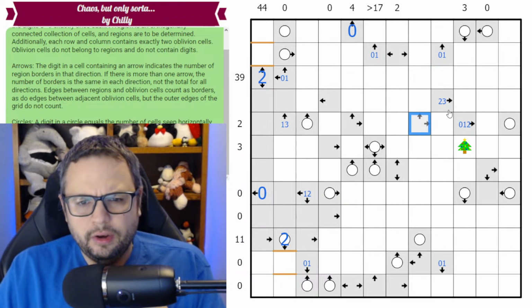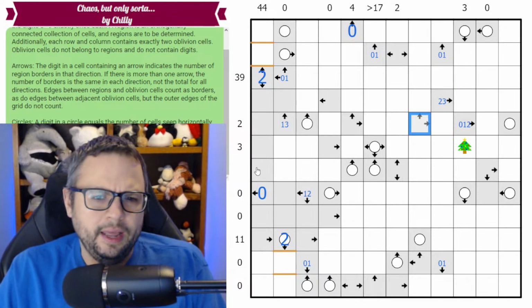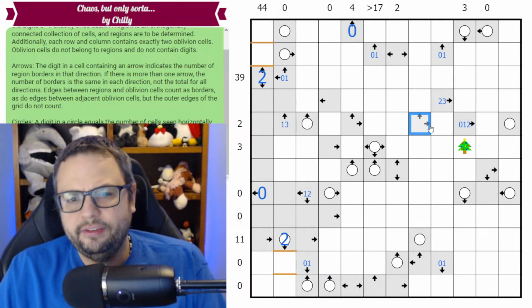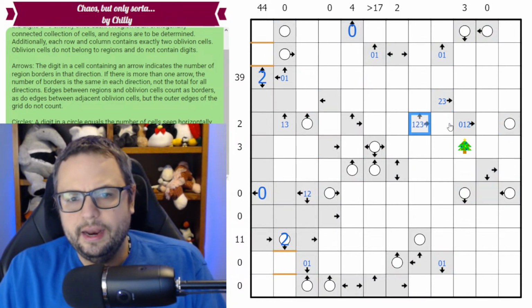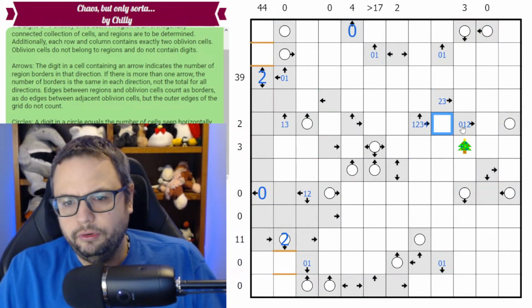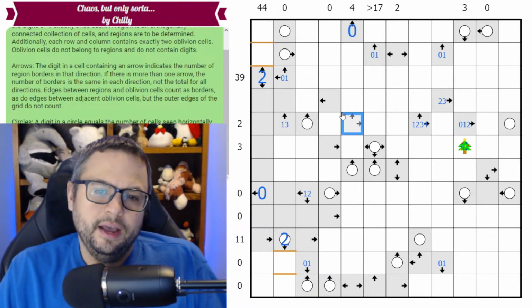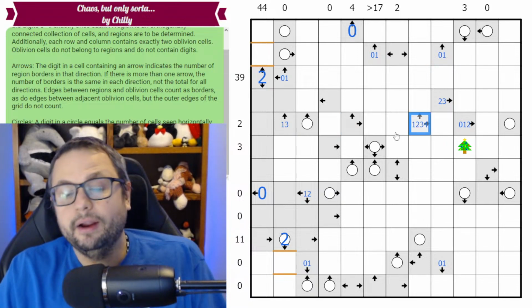1, 2, 3, 4. This is at most 4. I'm gonna hunt for M Nasty's quintuple. So this is bigger than this number. So this is 1, 2, 3, and at most 4, because there's 1, 2, 3, 4 borders it could count. And this is at most 1, 2, 3, 4 as well, but it's bigger than that one.